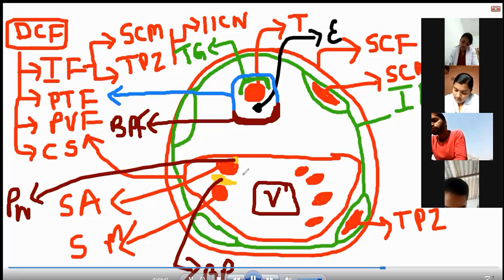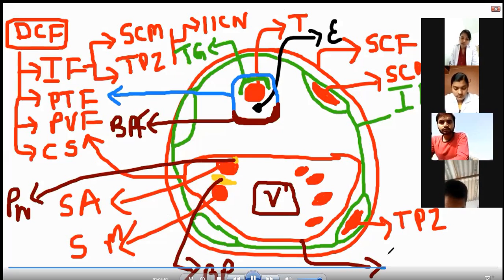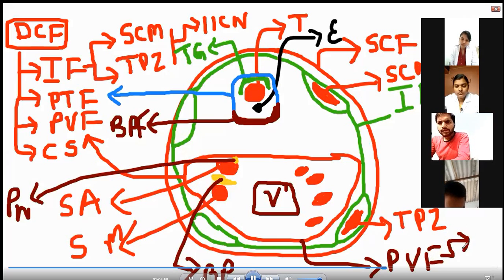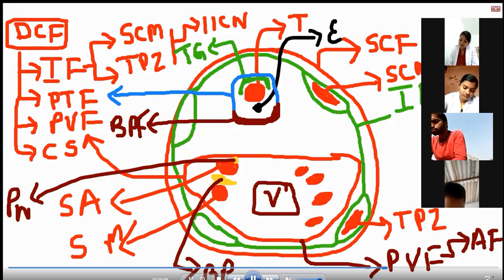But please remember this prevertebral fascia, please see the diagram. It is going downwards and now it is forming your axillary fascia in the axilla. Okay, it is forming which fascia? Axillary fascia.